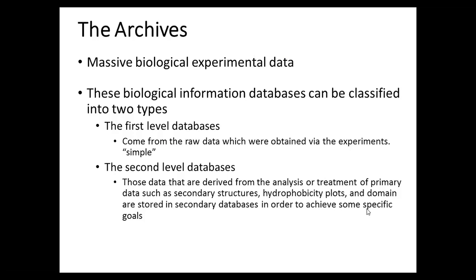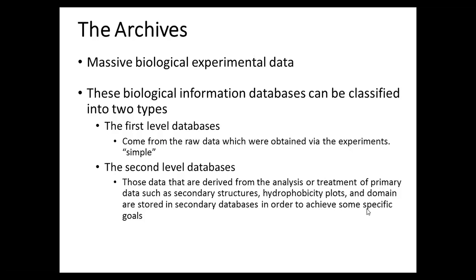So you have done some analysis on the primary data, and now you have come to a decision that this particular protein is hydrophobic or not. That data is stored as secondary level data. Primary data is something where you have done an experiment with some organism and found a protein or a gene.